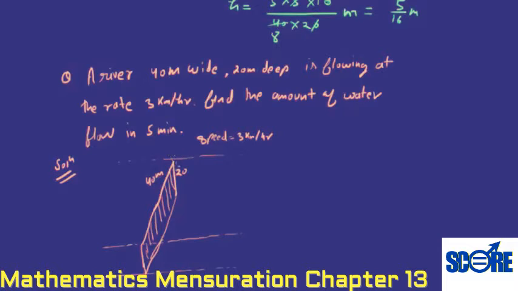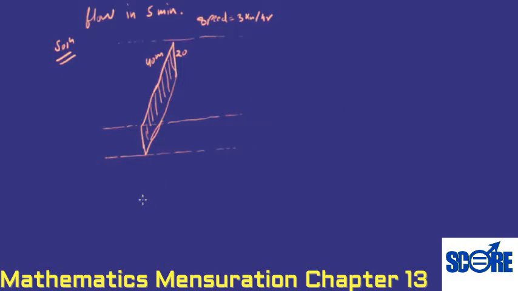So the distance traveled by this cross section during the 5 minutes is equal to speed into time.